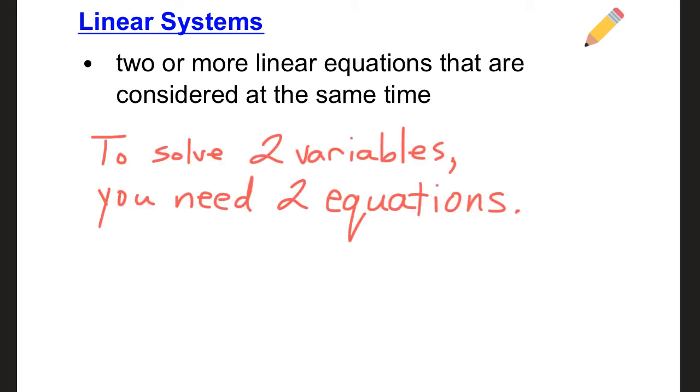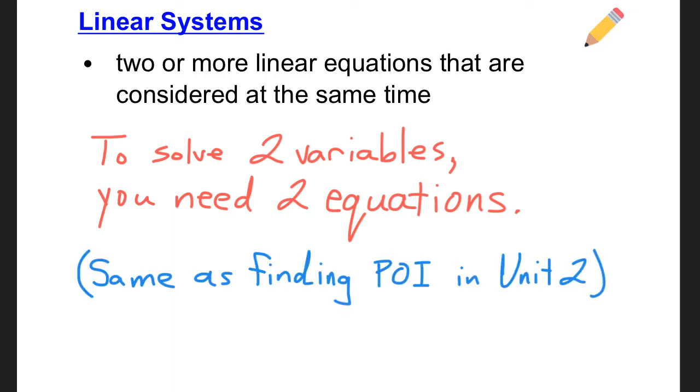And the key to remember to any of these problems is if you have two variables, you need two equations to solve. And we can do this using the same methods that we used in Unit 2 to find the point of intersection of two lines.